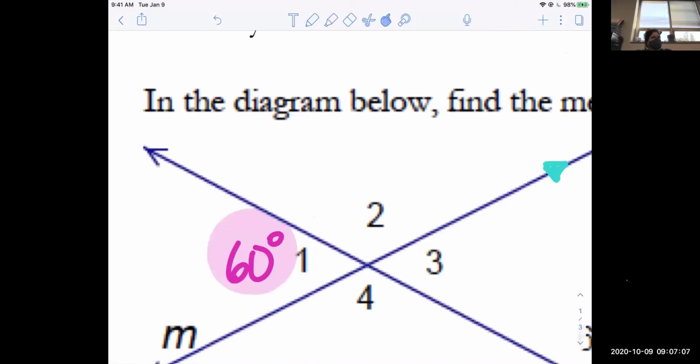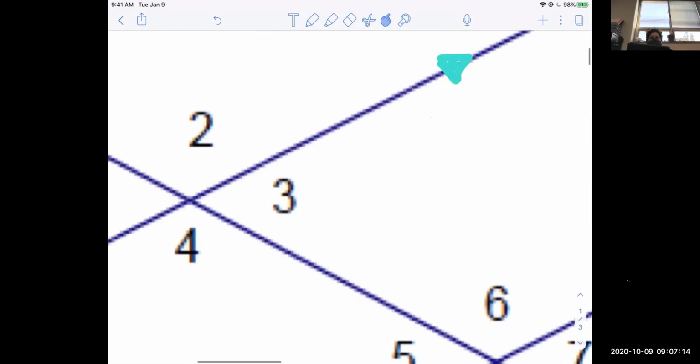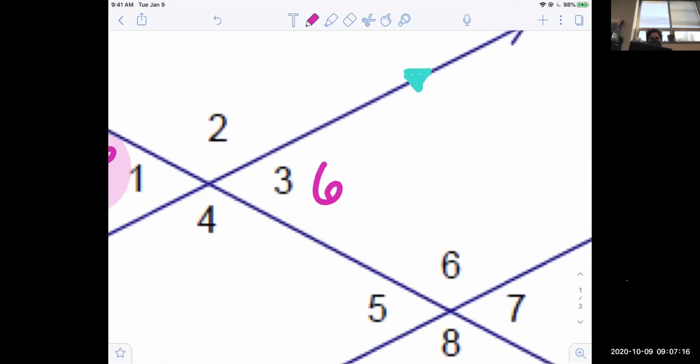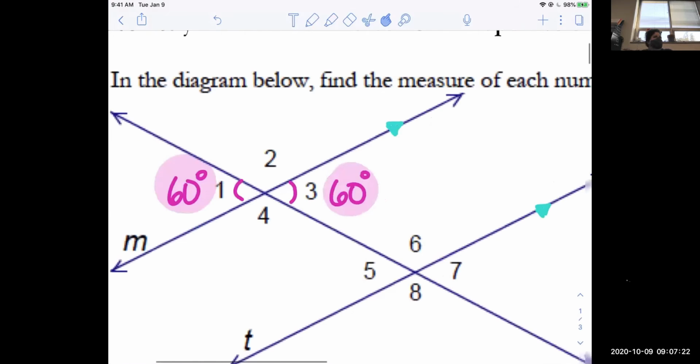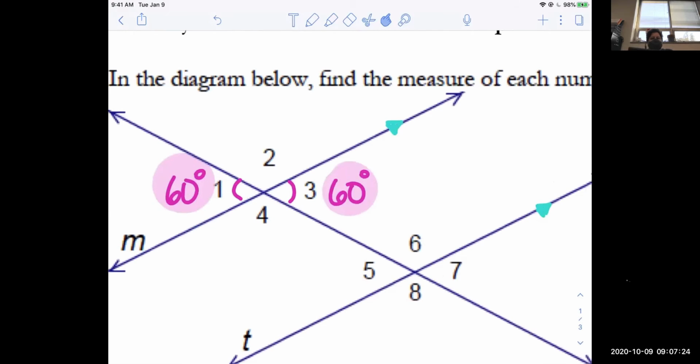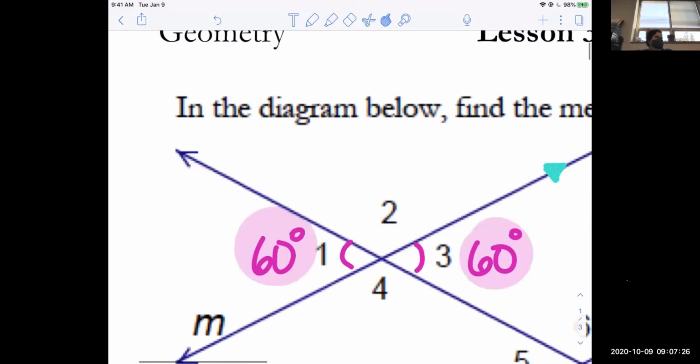Okay. Jack, tell me what one of the angle measures is. Angle 3 is also 60 degrees. Because why? Good. Angle 1 and 3 are vertical angles. Vertical angles are congruent, so we also know angle 3 is 60. Okay, how about angles 2 and 4?